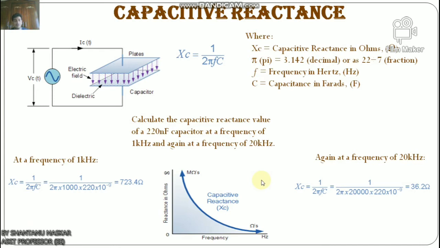As the frequency applied to the capacitor increases, its effect is to decrease its reactance measured in ohm. Likewise, as the frequency across the capacitor decreases, its reactance value increases. This variation is called the capacitor's complex impedance.